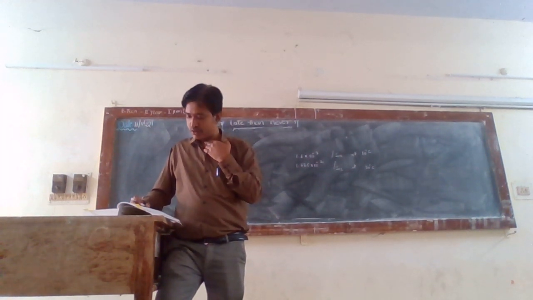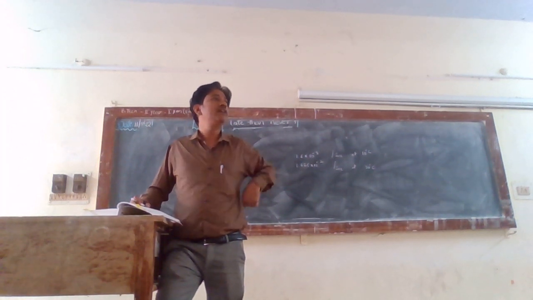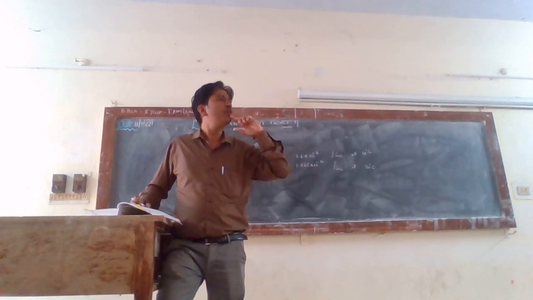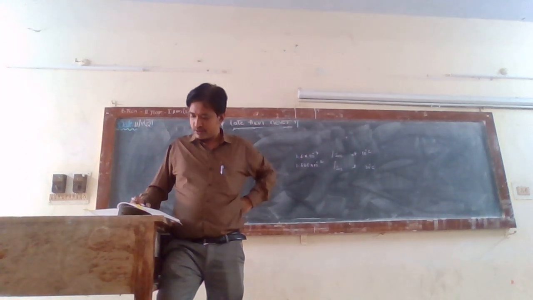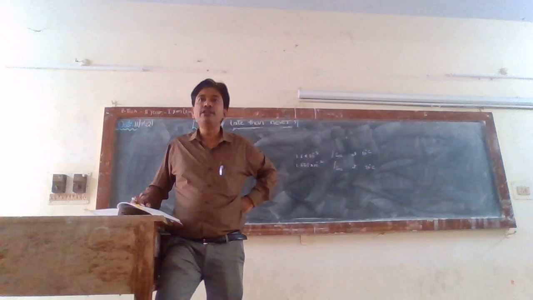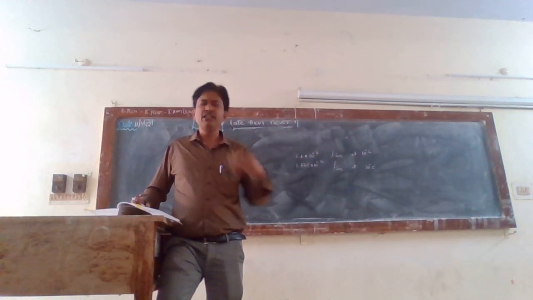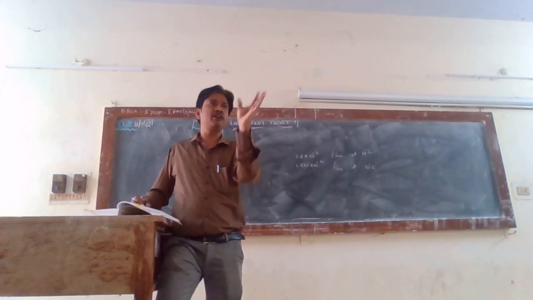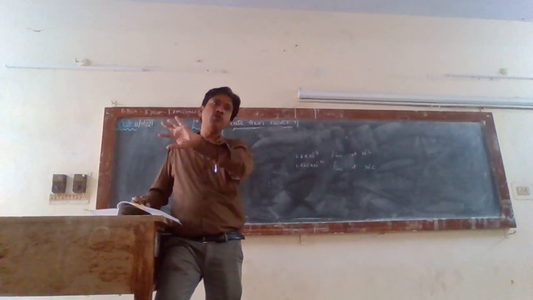82,484. Okay. Any other answer? Come on. 82,069. 82,640.85. Okay. Anyhow, more or less you will get around 82,000. Whatever it may be the third digit, something 82,000 value, joule per mole.